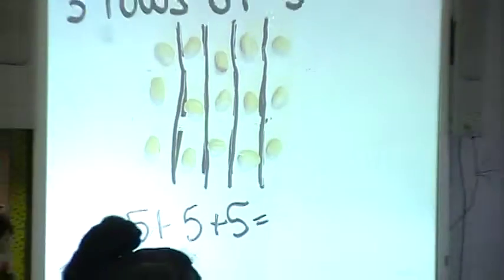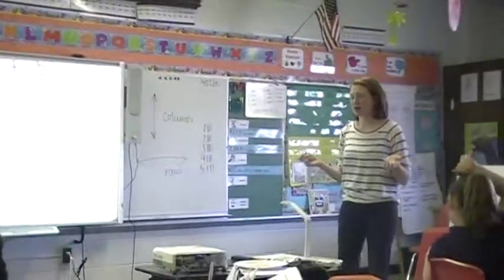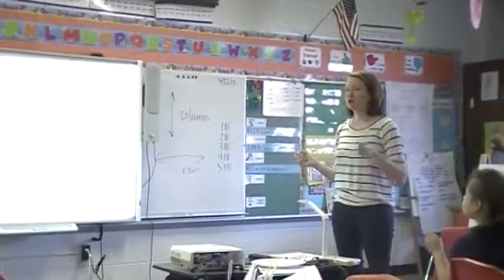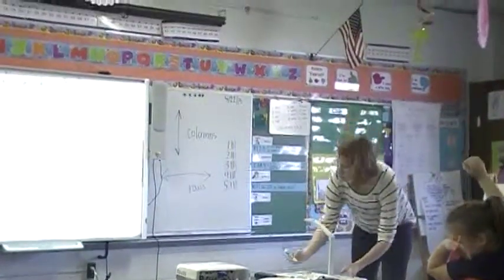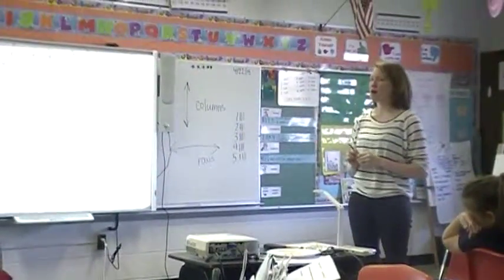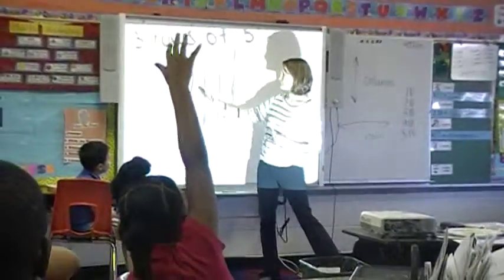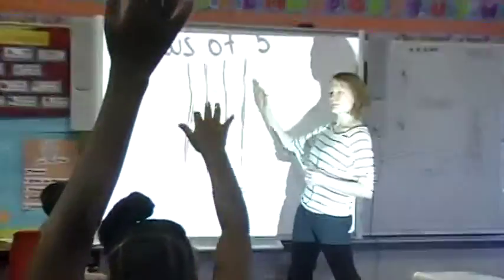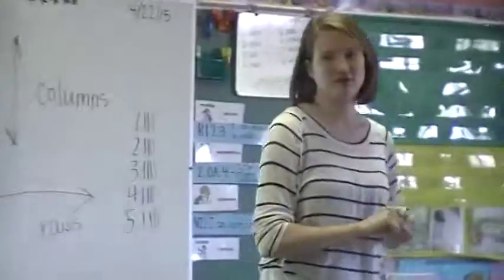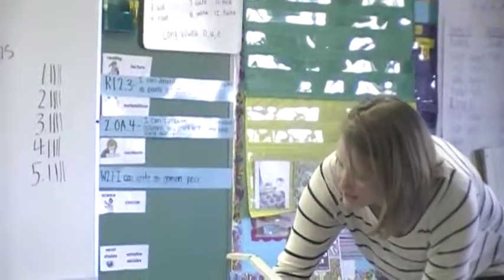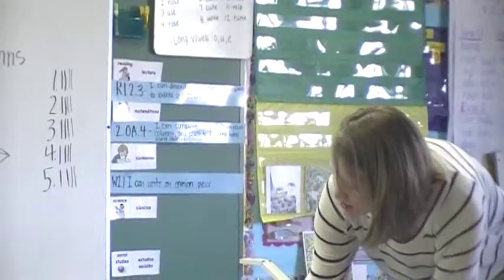I have columns now. How many columns do I have? Kojo? How many, Kojo? 5. I have 5 columns of what?